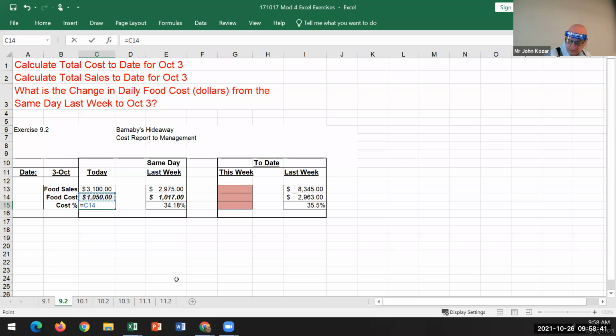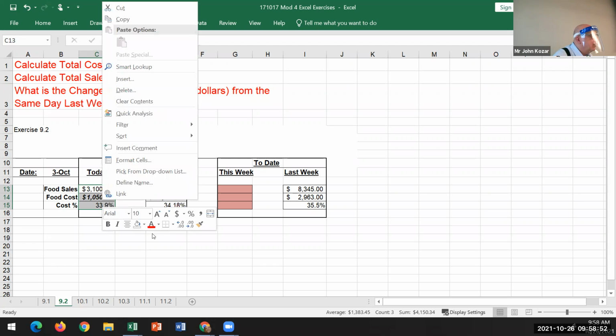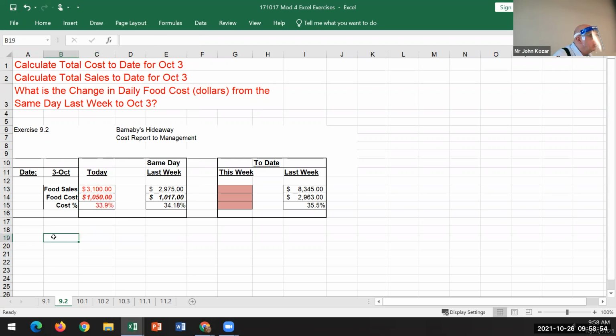It's going to be the food cost divided by the food sales. 33.9. Yes.